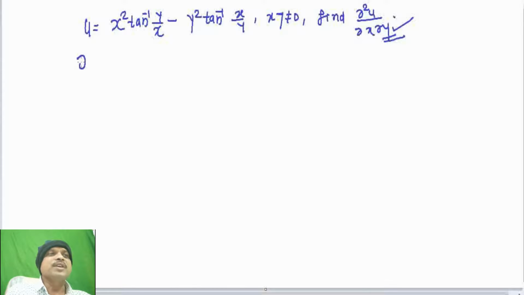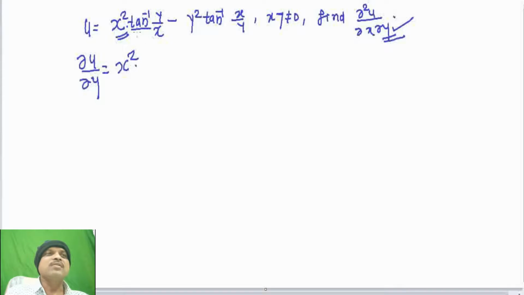So when we calculate this derivative delta u by delta y, now remember that when we calculate the derivative with respect to y, x is a constant. So this x square is a constant, and it is in multiplication with this function. So I will keep it as it is.